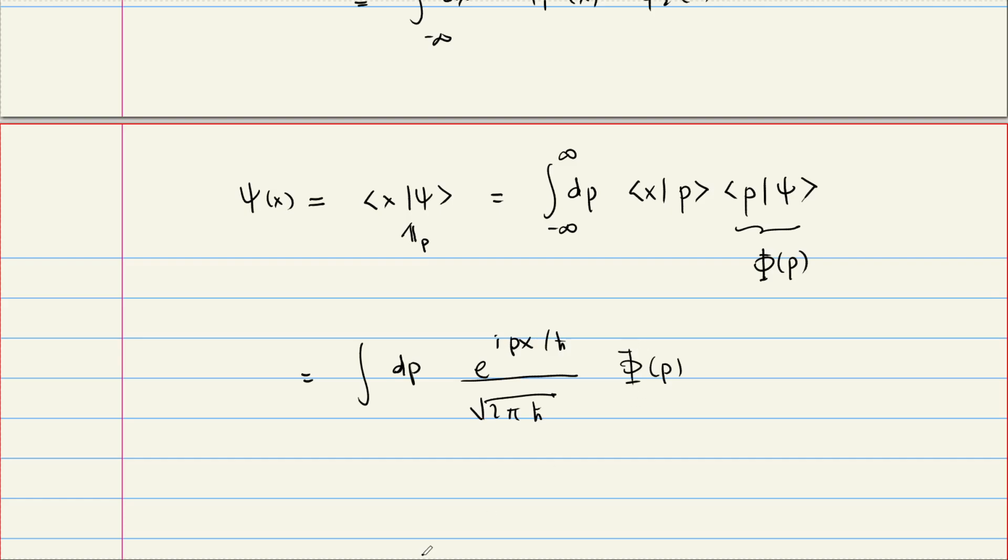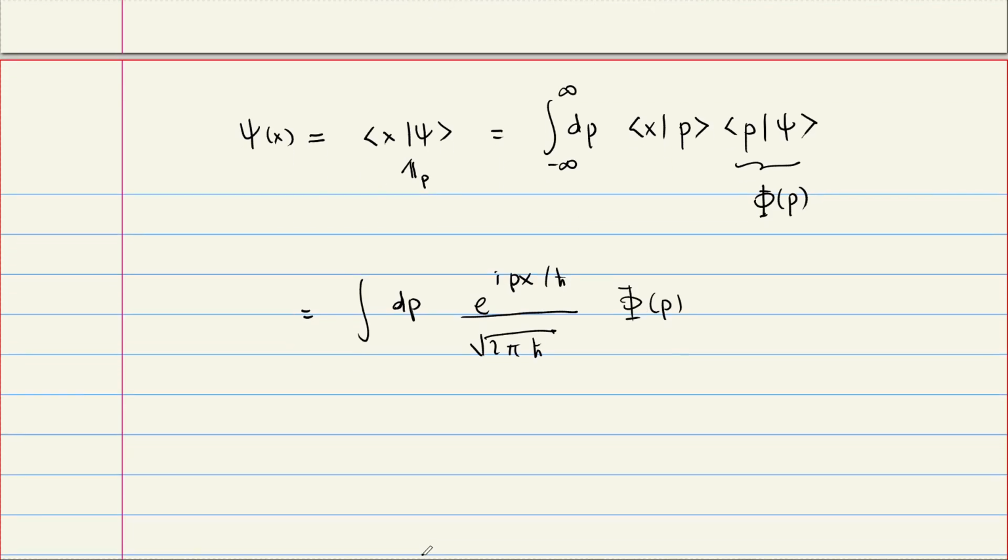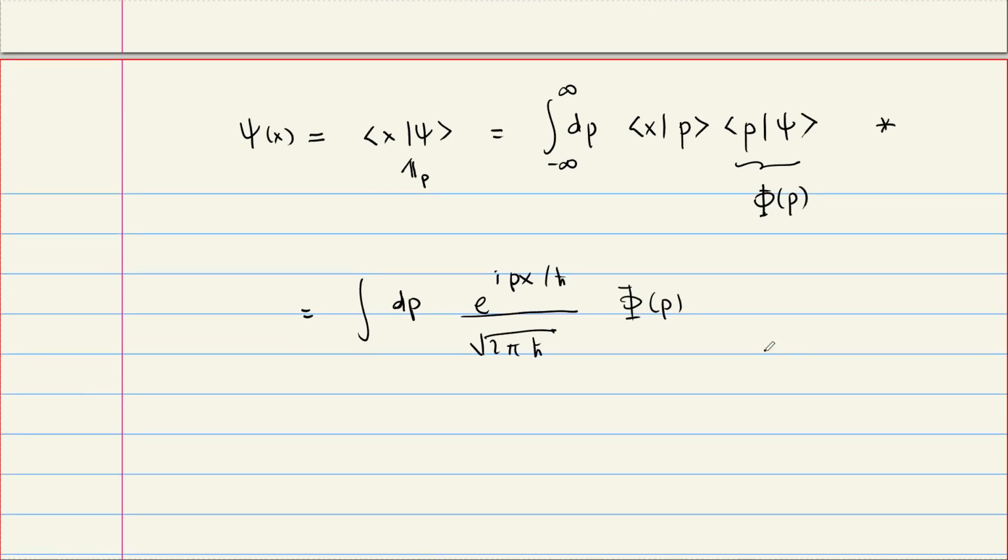This is the Fourier transform we used before. By comparing this line and this line, with phi of p here and the same integral from minus infinity to plus infinity, this object and this object should be identified.